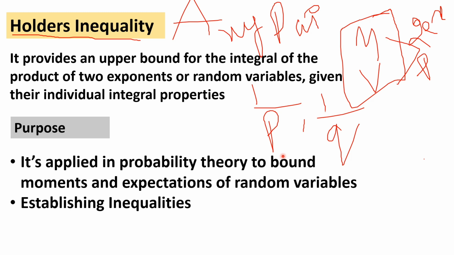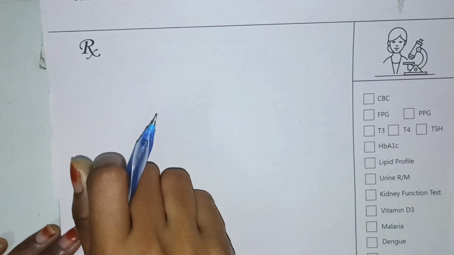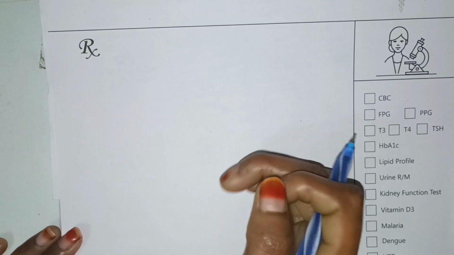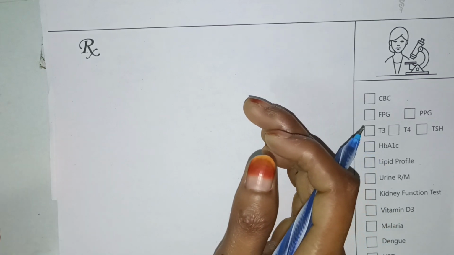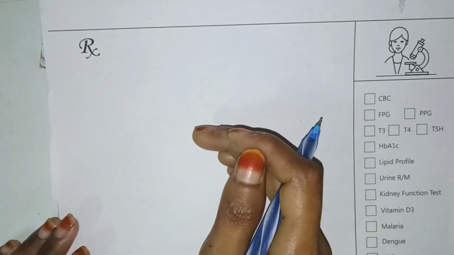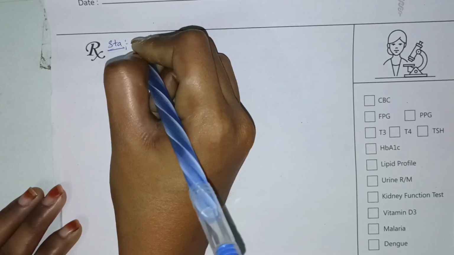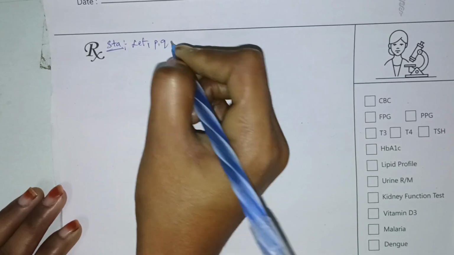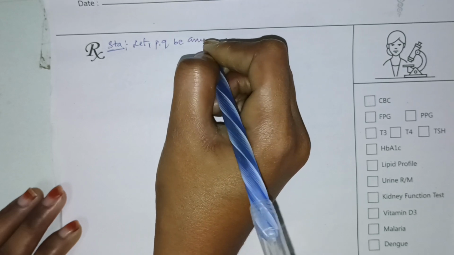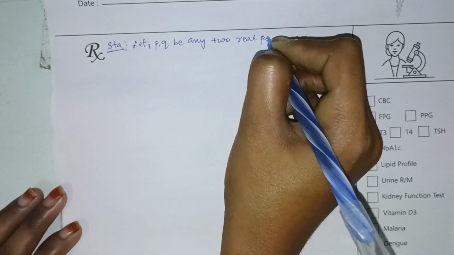This is the difference between the Chebyshev's inequality and the Hölder's inequality and their interrelationship. And now let us see the statement and proof of this inequality. State and prove Hölder's inequality. Using this inequality only, we are going to prove the other inequalities. So please be careful while stating and proving this inequality and don't skip the video. The statement is, let p comma q be any two real positive integers.